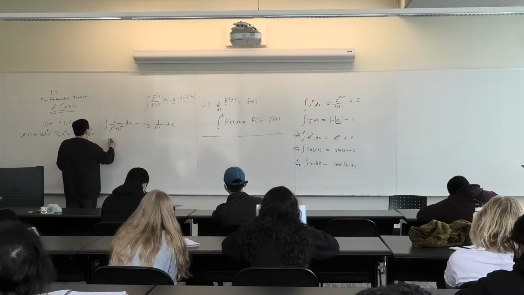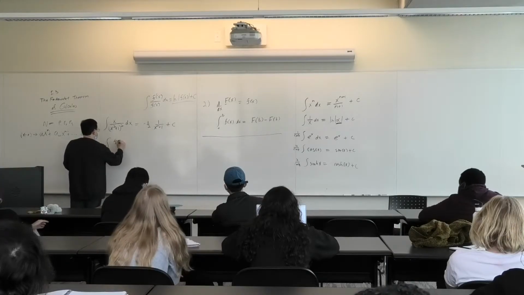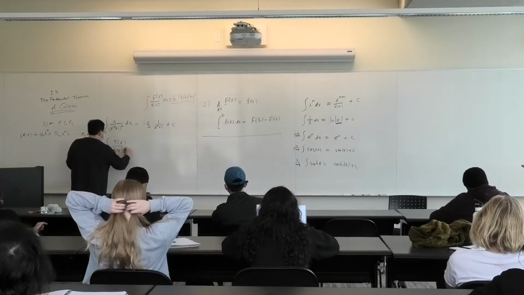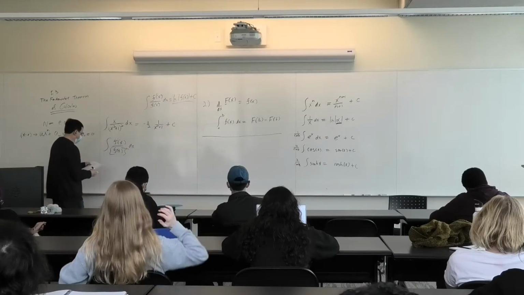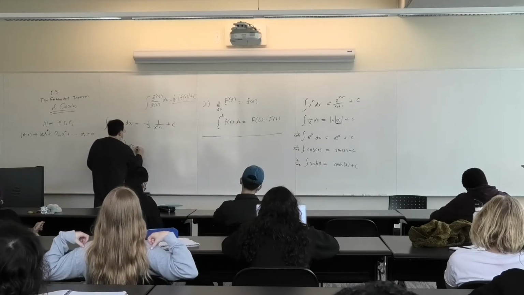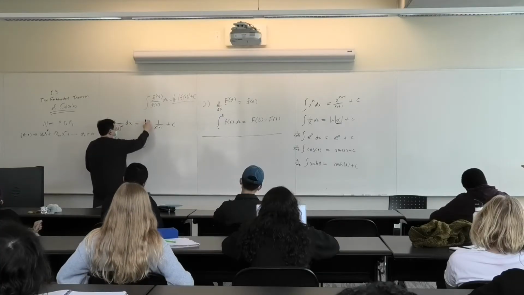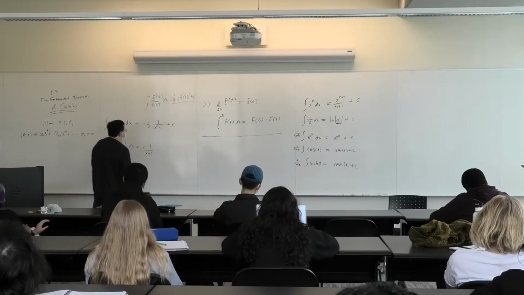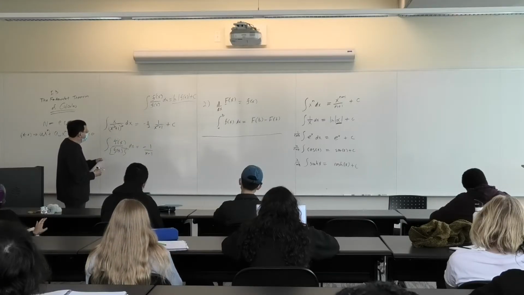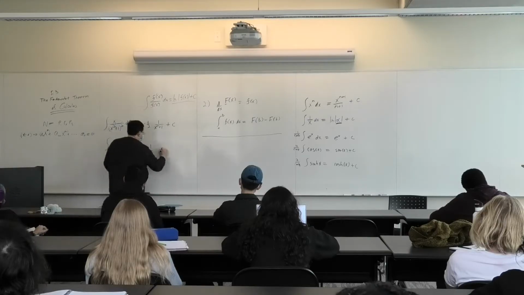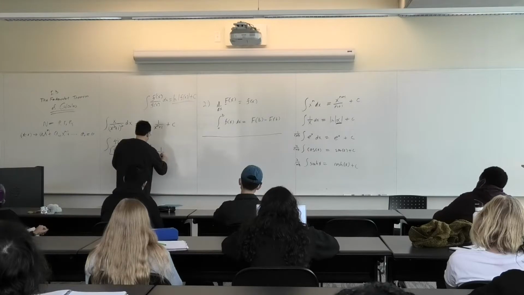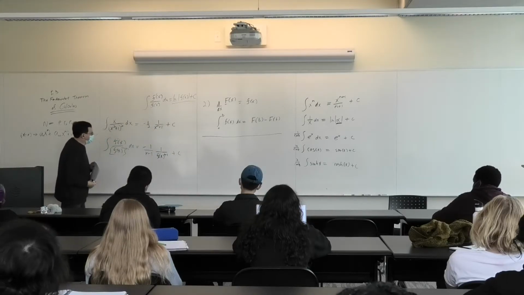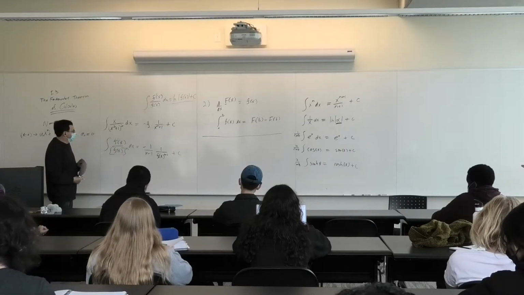Seems like if I have some function f of x to the n, the factor I'm going to need here is negative 1 over n minus 1, right? And I'm going to be left with 1 over f of x to the n minus 1. Okay, that's what I was trying to show before.